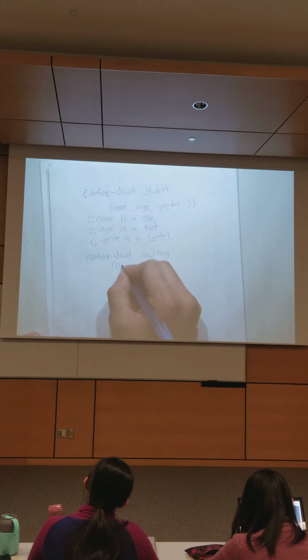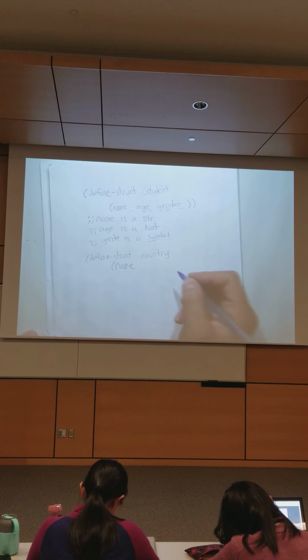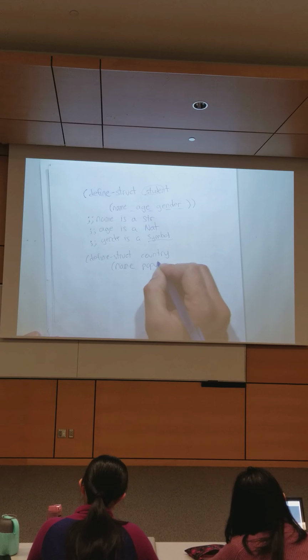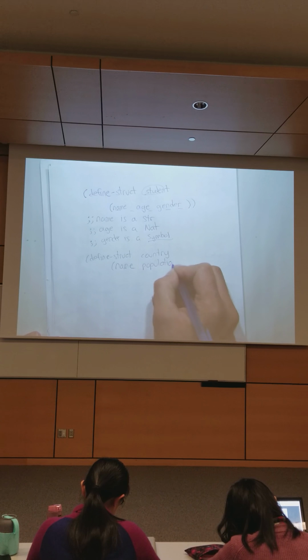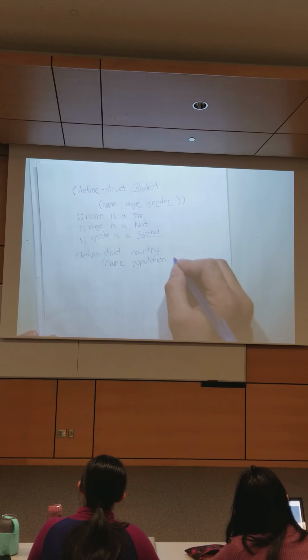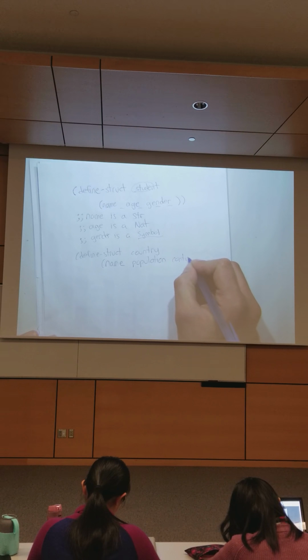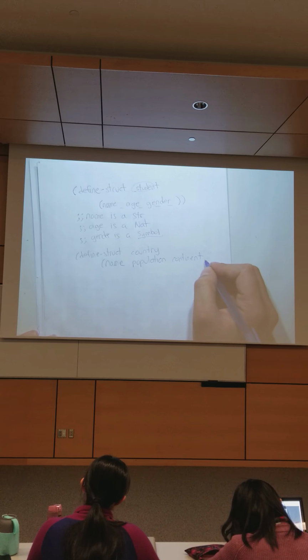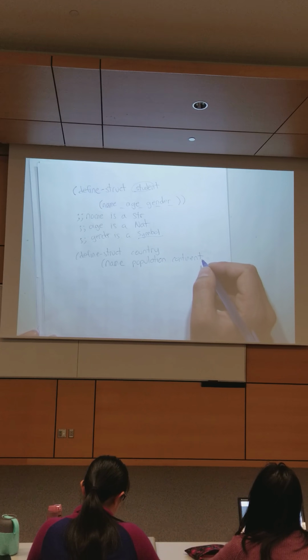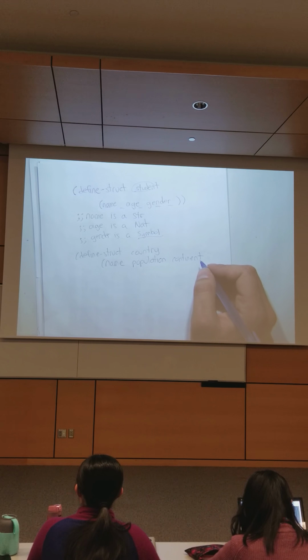A country should also have a name. Okay? A country should have like population. A country should also have the continent it's in. So continent. Is this how you spell continent? Is that right? Continent. Yeah? Okay, cool. My spelling is really bad, as you guys can tell.